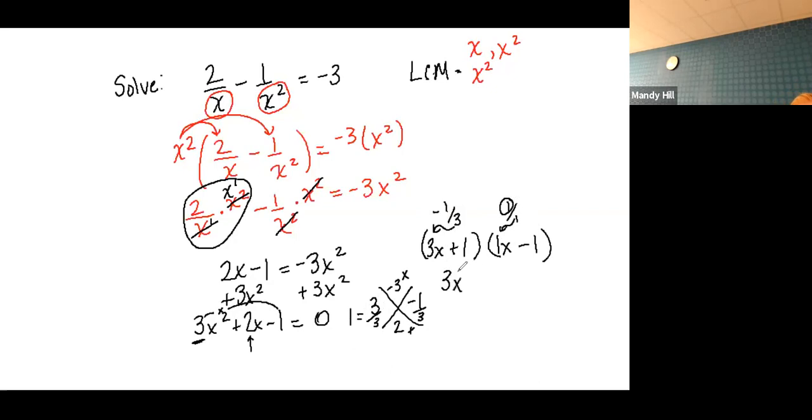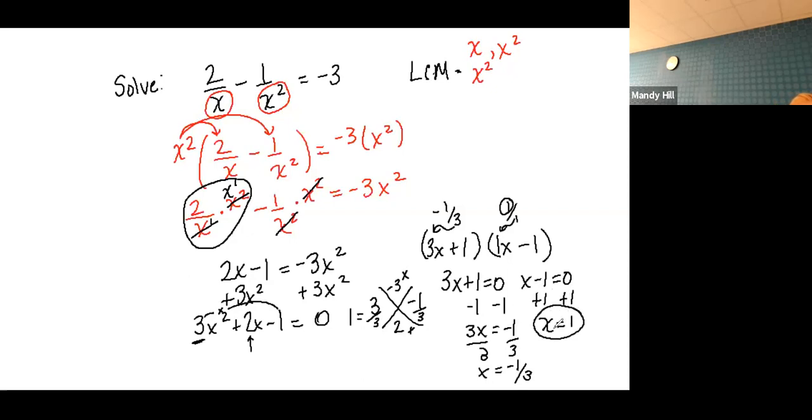And then you would solve both of these, and this would give you the answer. On this one, we would subtract 1, divide by 3. So x is negative 1/3. On this one, we're adding 1, so x is 1. So we've got x is 1 and x is negative 1/3. Those would be the two answers.